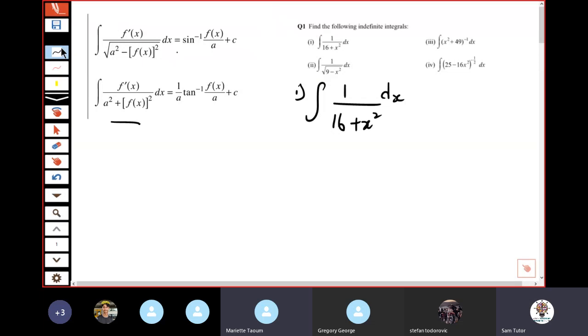F of x, which is this guy here, x on, a squared was 9, so a becomes 3. Beautiful. Plus c. So a squared is 9, and this must be the square root of 9, which is 3. A squared was 16 for here, and then we choose a, it becomes 4.